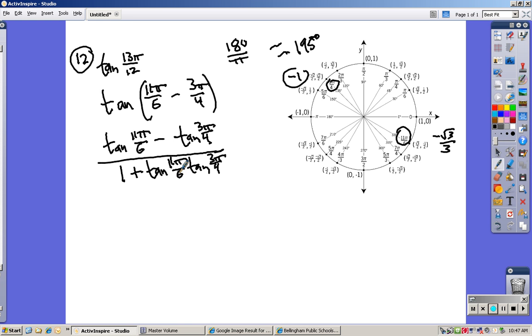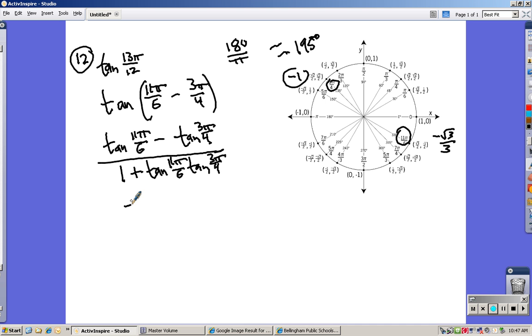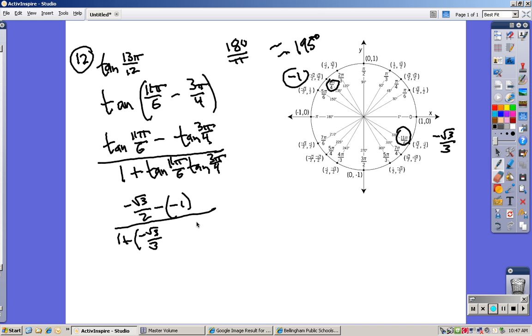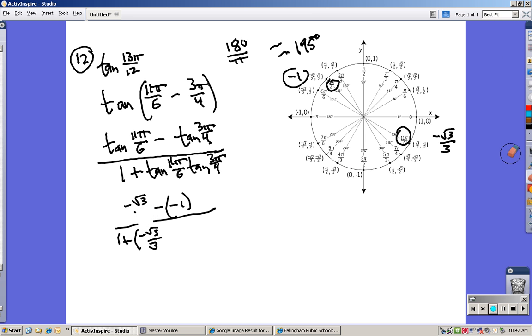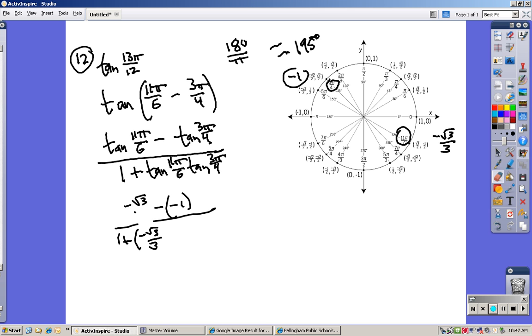Let's do some substitution. Tangent of this is negative root 3 over 3, minus tangent of that, which is negative 1, all over 1 plus tangent of this, negative root 3 over 3. Oh, I wrote 2. It's negative root 3 over 3. I don't know why I wrote the 2.